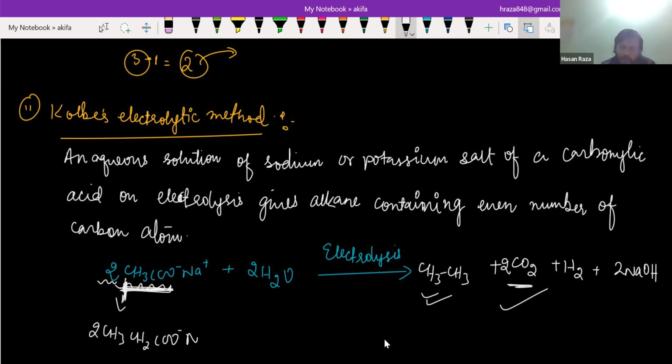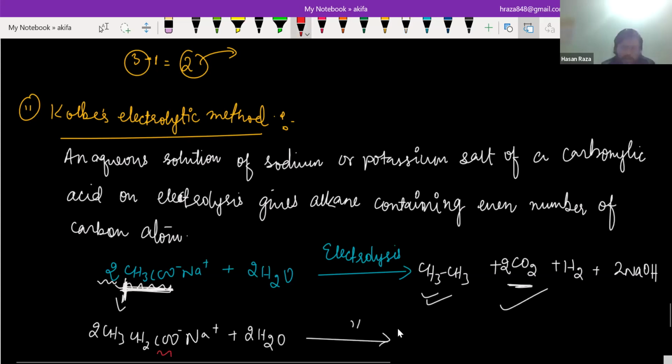First think about it. CO2 will be released, and how many carbons are left? 2, and double of 2 is 4, so the product is CH3CH2CH2CH3. CH3CH2CH2CH3 plus 2CO2 plus H2 plus 2NaOH.